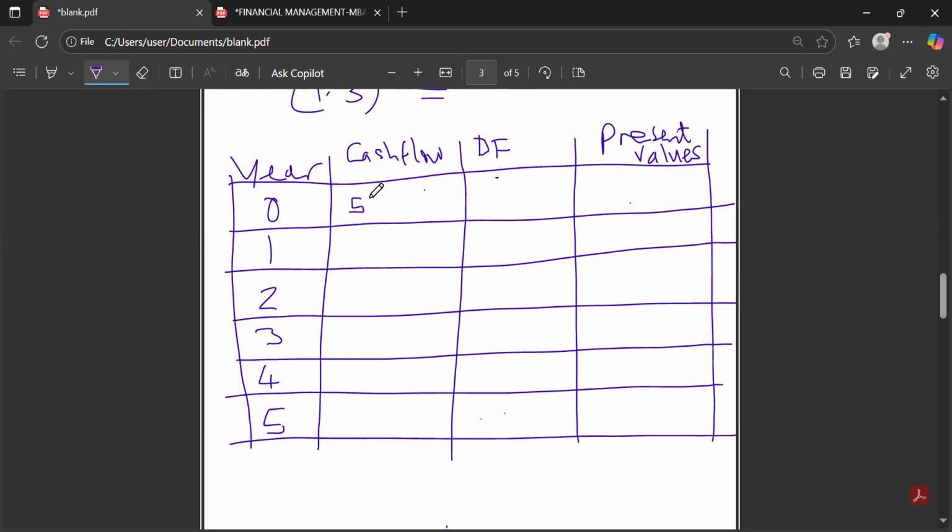So 560,000, 170, 180, 200, 250, 160. The discount factor for the first one is always 1.